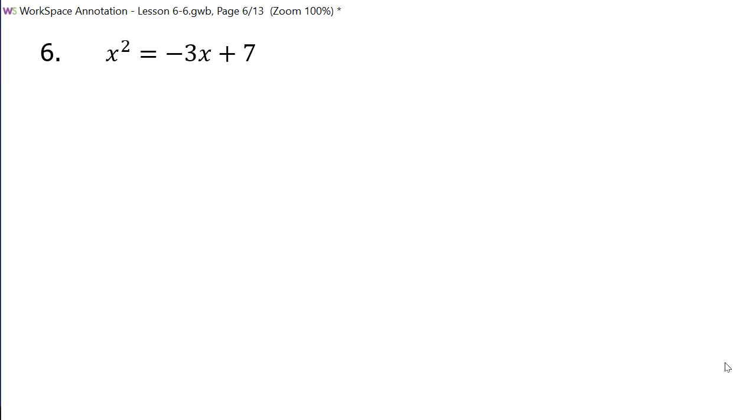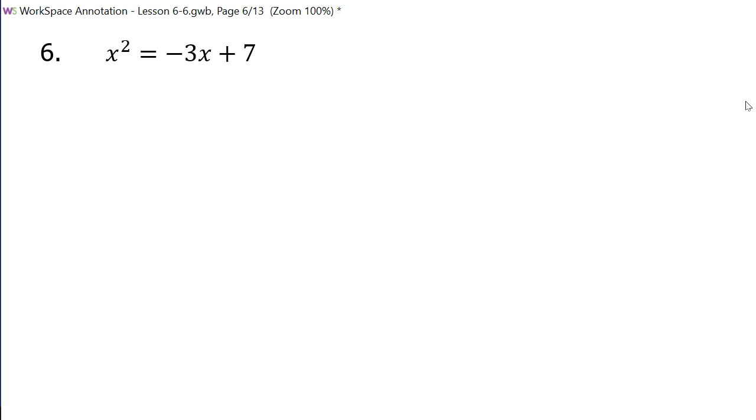Number 6, we have x squared equals -3x plus 7. Is that in the correct form? No, it's not.